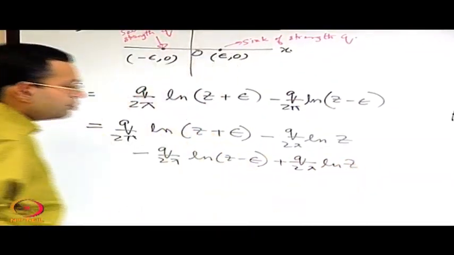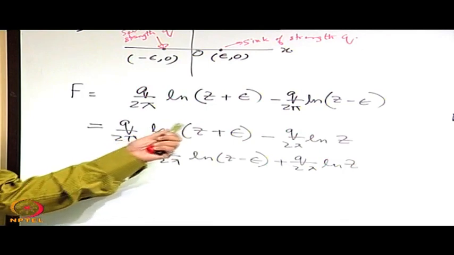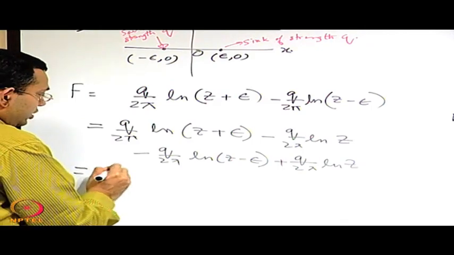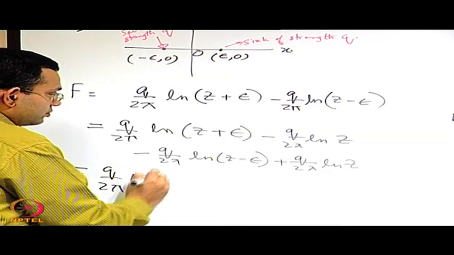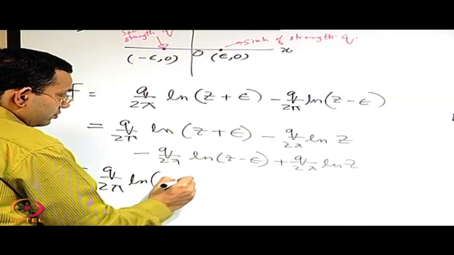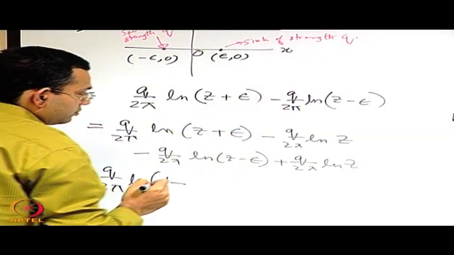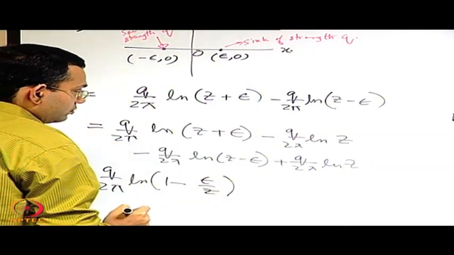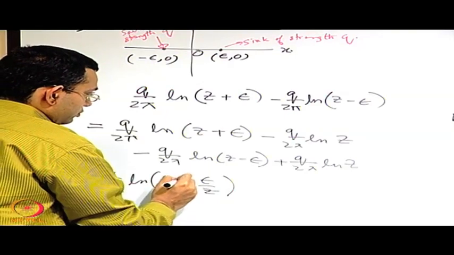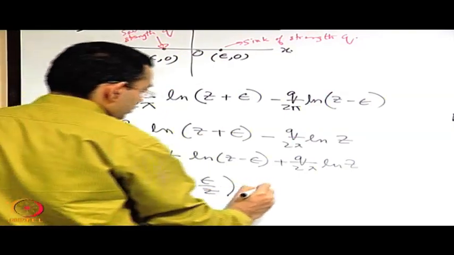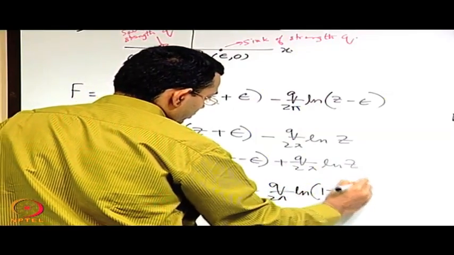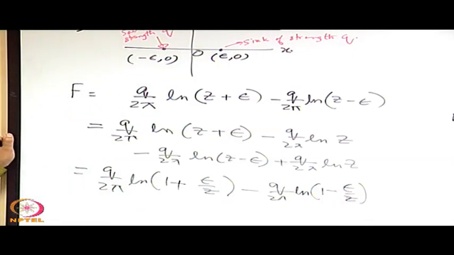The whole objective of this manipulation is we will write the terms in the form of ln of 1 plus something, so that we can use the logarithmic series expansion. Okay. So q by 2 pi, right.